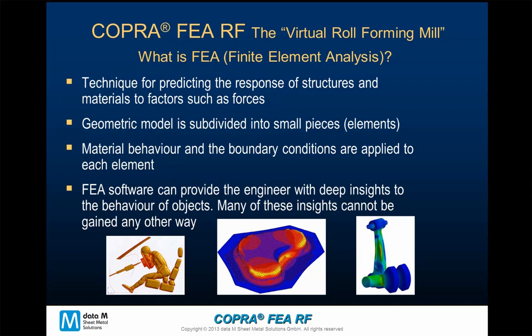With these elements, we then add a material behavior and some boundary conditions, and from this the FEA software can provide the engineer with deep insights into the behavior of objects. Many of these insights cannot be gained in any other way. Prior to FEA, physical components and prototypes would have to be developed for every concept, and inevitably some bad concepts and some good concepts, but all at a high cost.